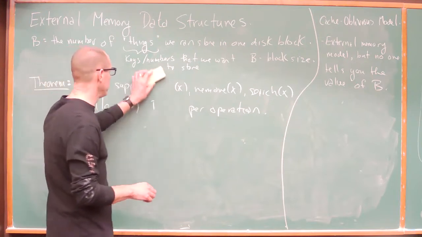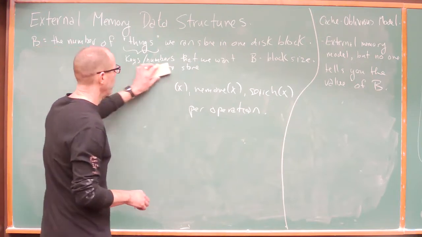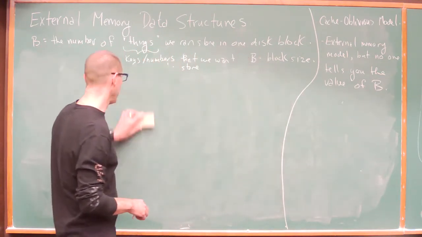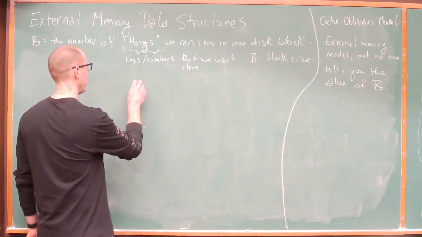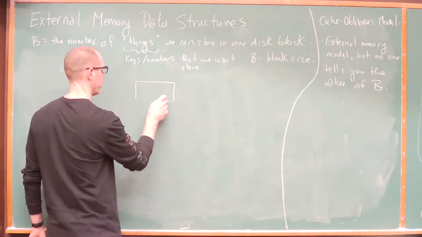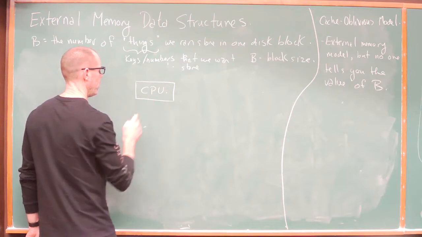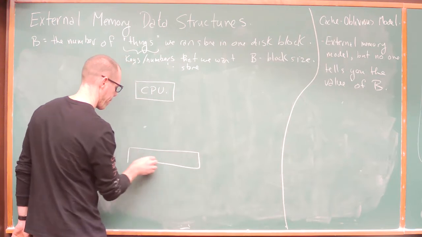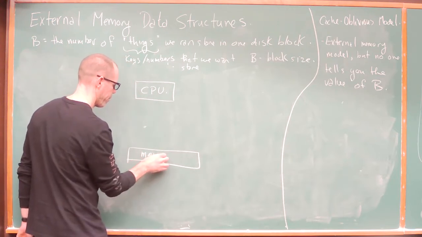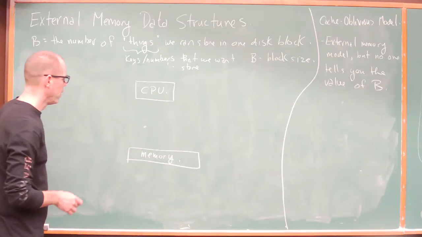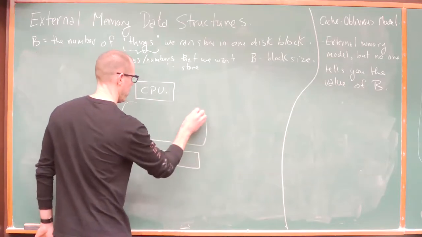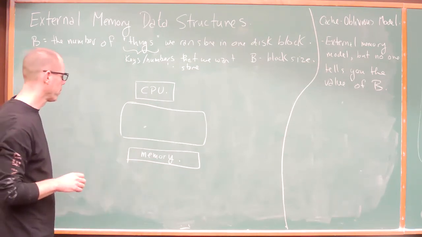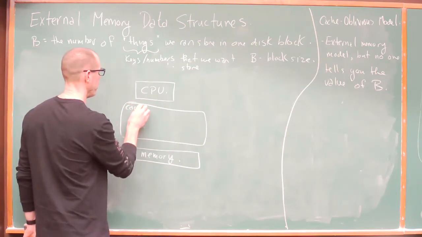So why would we want to do that? Well, that picture that I drew of the external memory model was really an oversimplification. If you look at what a computer really looks like, you have a CPU. You have a memory. In reality, the CPU does not read directly from the memory. You have a cache in between those two things.